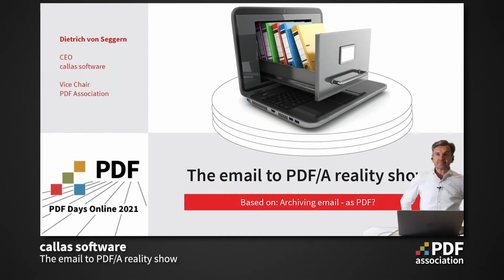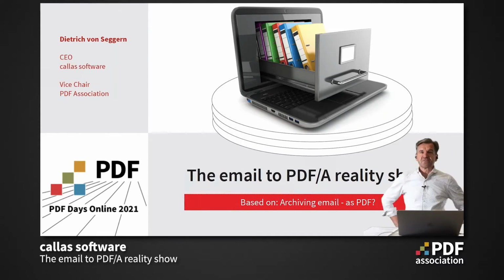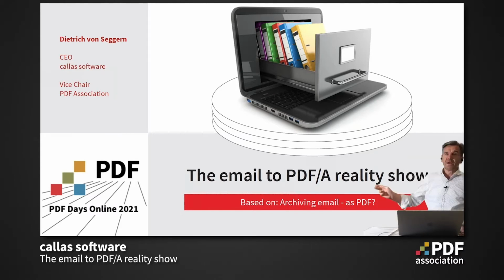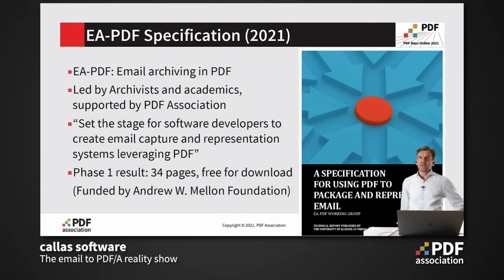Actually, my presentation is based on what I did roughly 2 weeks ago during the PDF Days, a presentation on archiving email as PDF, which was based on a paper, the EA-PDF specification, where archivists and academics describe how they envision a system for archiving email in an interoperable and vendor-neutral way, leveraging PDF.